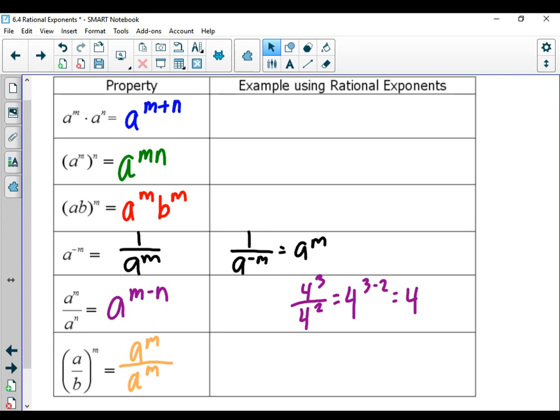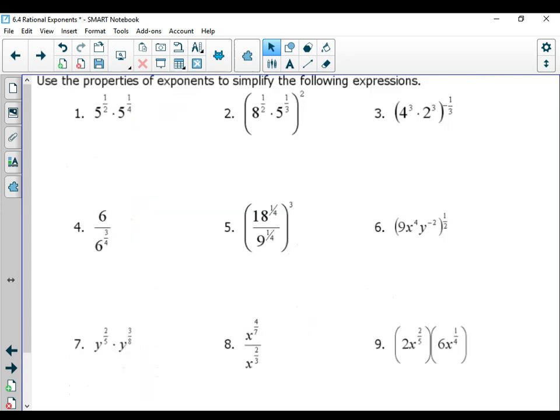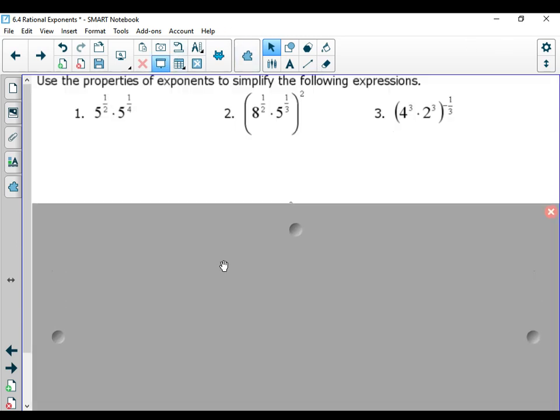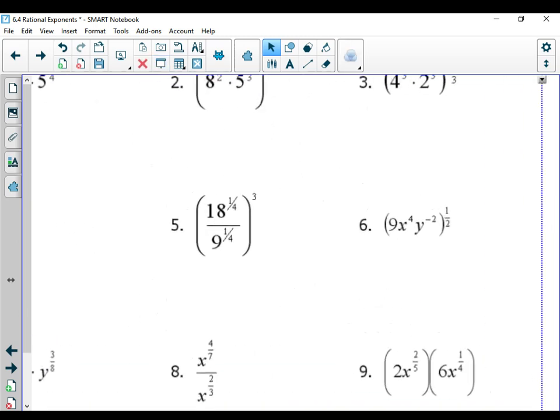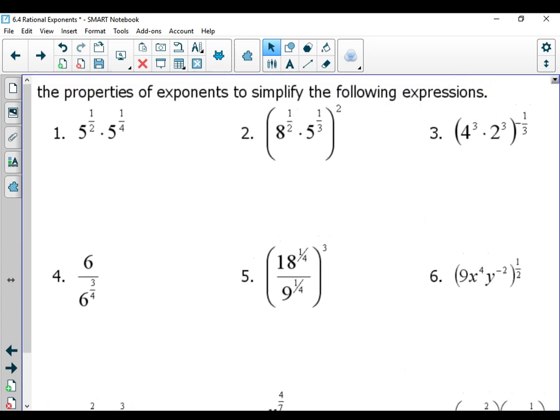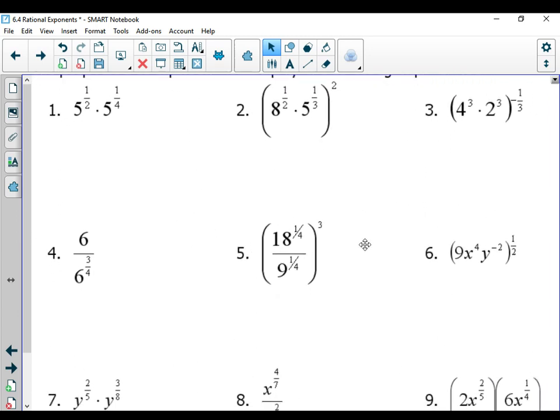All right, so let's give these a shot. Let's try the first row first. Not get too carried away here. Let me make this bigger. There we go.